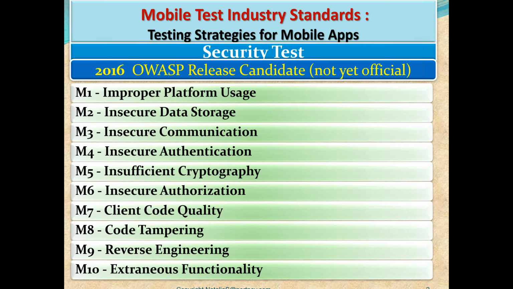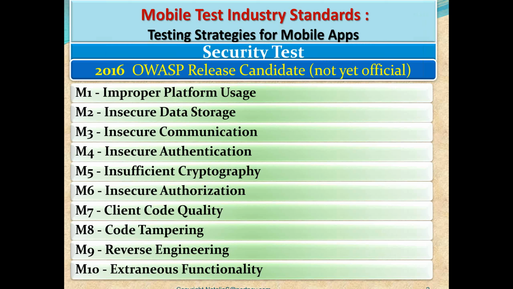Okay, then we have client code quality, and this was security decisions via untrusted inputs in the previous 2014 OWASP Top 10, and one of our lesser used categories. This would be the catch-all for code-level implementation problems in a mobile client.